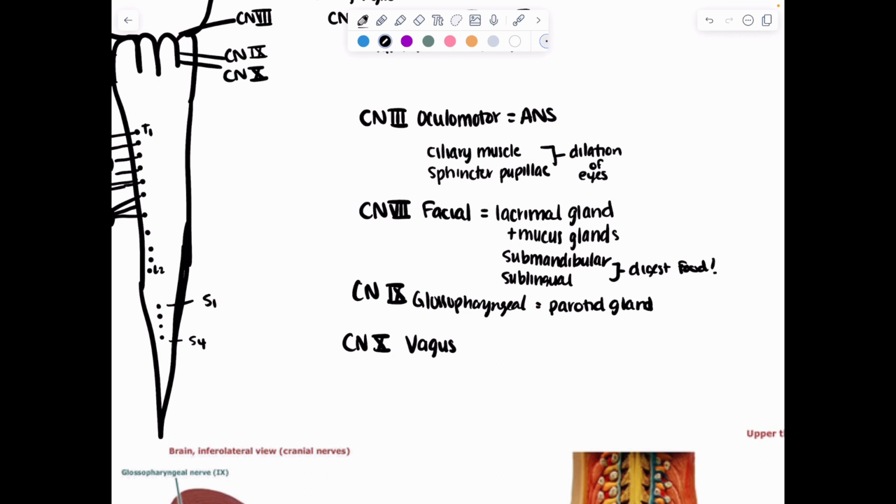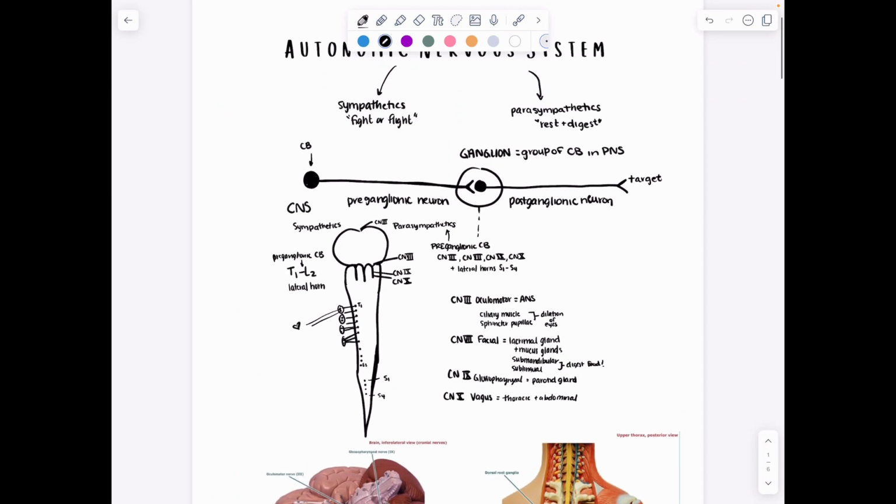It's going to be related to the thoracic and abdominal ganglion. And so it's going to help with the mesenteric plexuses, which is a whole lot of balancing of our respiration, our digestion, and things like that. All right, now that was a whole lot of information. We'll go through a lot more in lab, and in lecture you'll go through this stuff too.